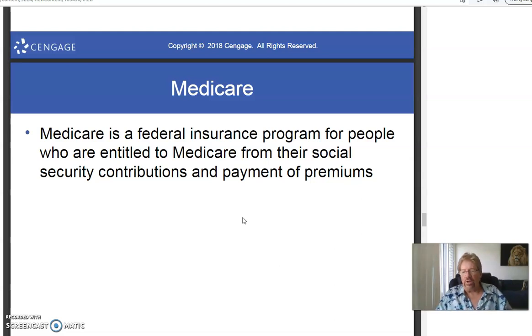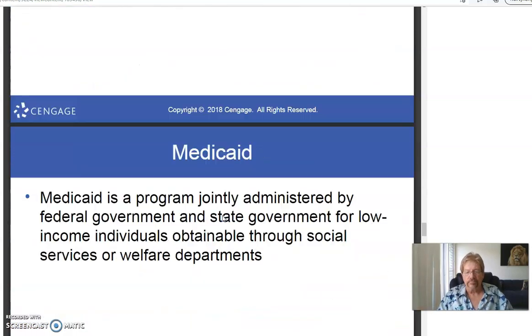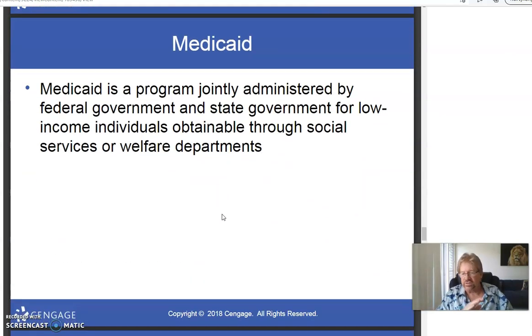The easy way to remember it is Medicare is for old people, Medicaid is for poor people. And I don't mean that, believe me, insulting in any way. It's just the easiest way to remember it. Medicare is for old people, Medicaid is for poor people or people of limited income. Some old poor people get both. Medicaid is a program jointly administered by the federal government and state governments for low-income individuals, obtainable through social services or welfare departments.